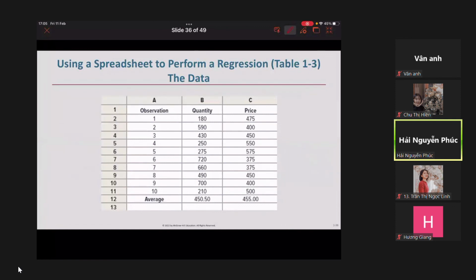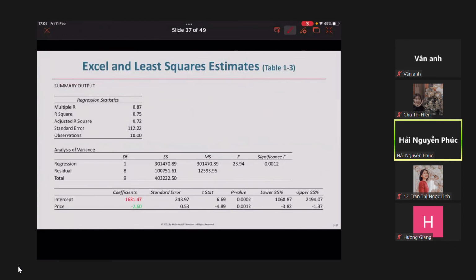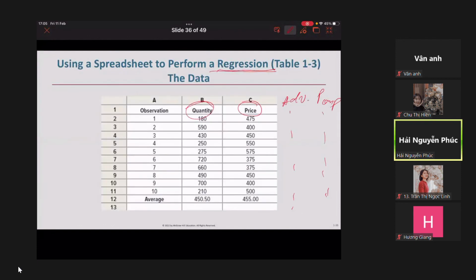Here is an example. You have the quantity, you have the information about the price, suppose you have advertising, you have the price of competitors, all of this information. And of course, you can run a regression, even in some program like Excel. For example, here we have two columns.